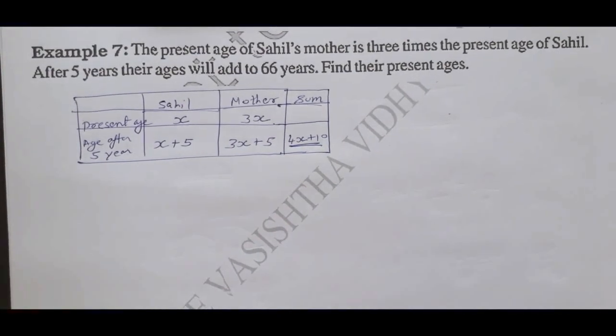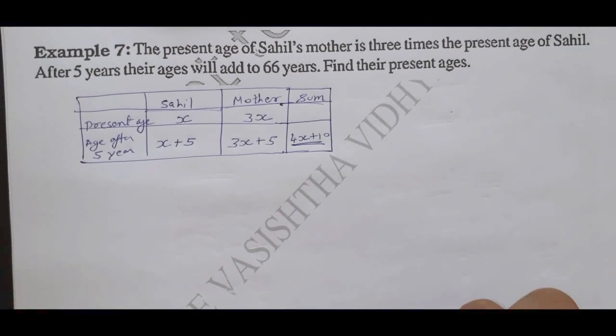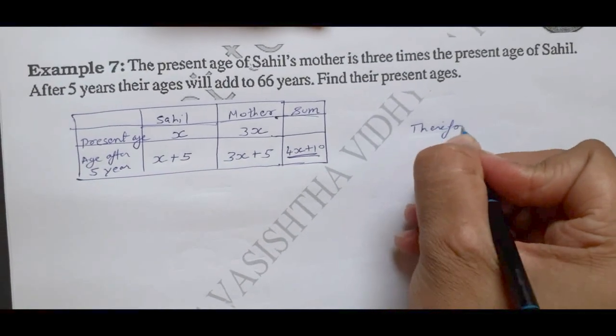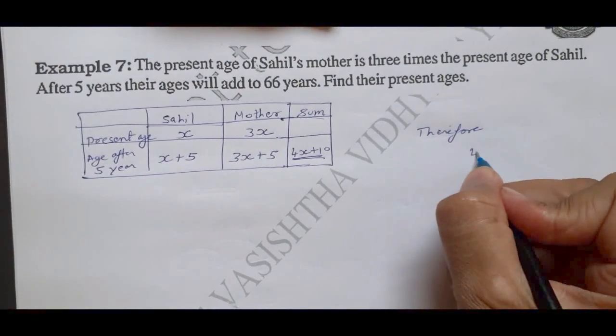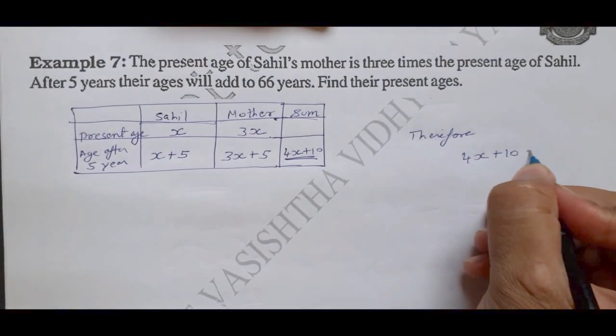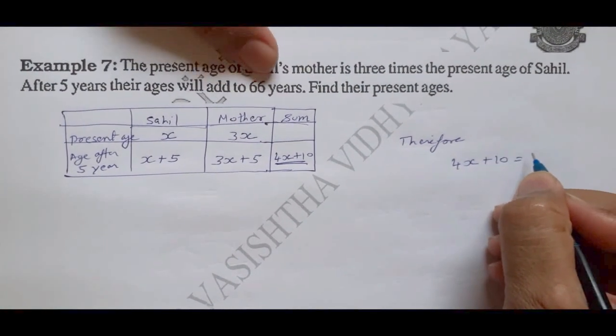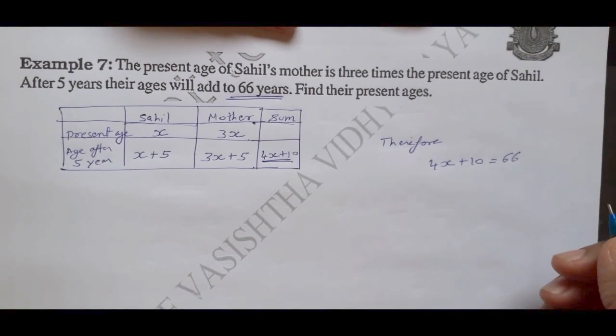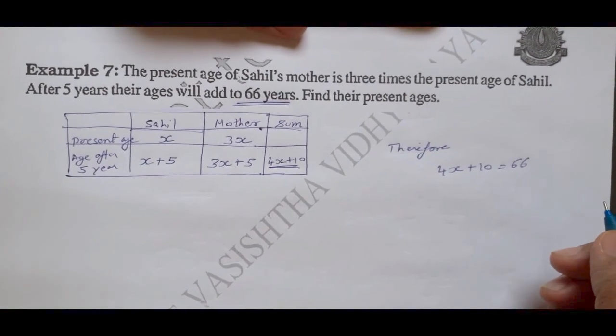So their age sum will be 4x plus 10. Therefore 4x plus 10 is equal to their sum of 66.